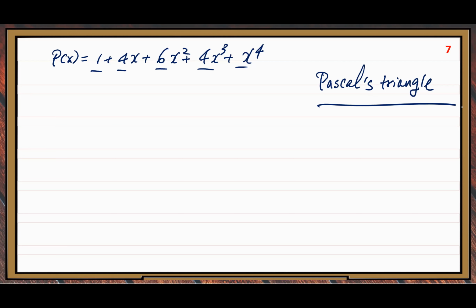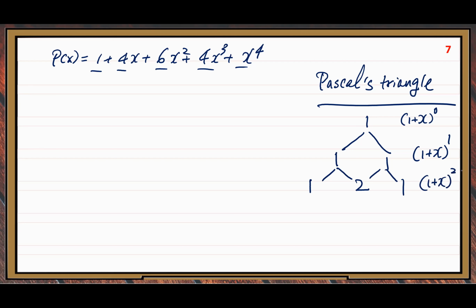Yeah. All right. So we start with the triangle top, 1. That corresponds to 1 plus x to the 0th power, 1. Then 1, 1. This corresponds to 1 plus x, the first power, because 1, 1 are the coefficients. All right. 1, 2, 1. That corresponds to 1 plus x squared coefficients. 1, 2, 1. Okay. 1, 3, 3, 1.